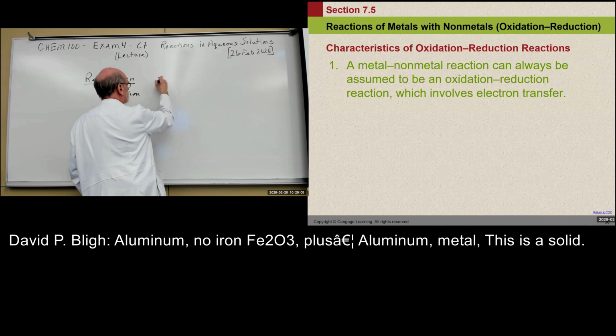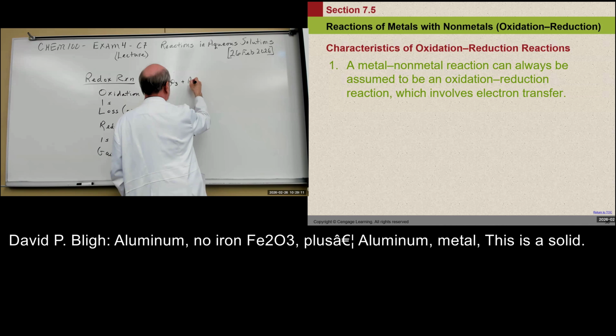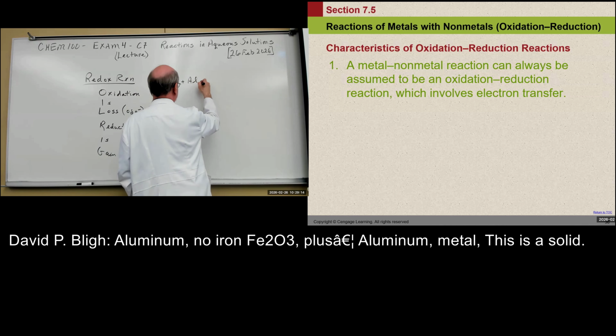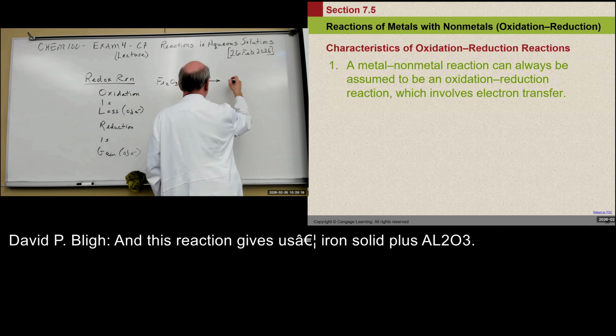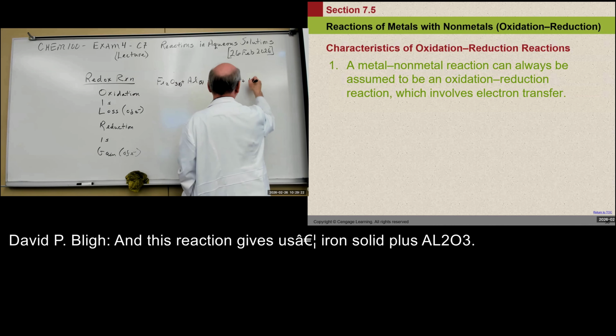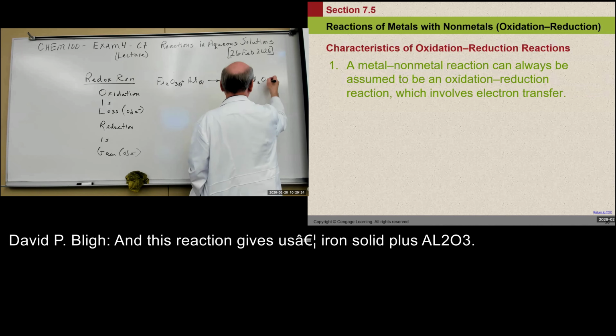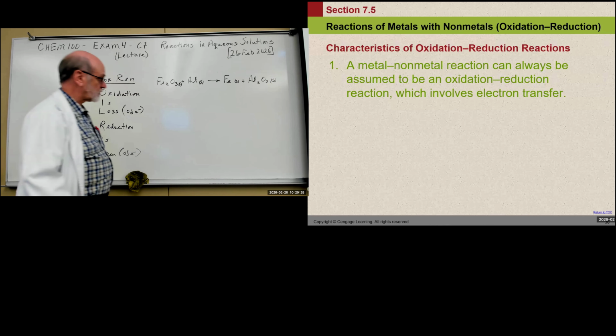So when we have a reaction here, Fe2O3 plus aluminum metal. This is a solid, and this reaction gives us iron solid plus Al2O3 solid.